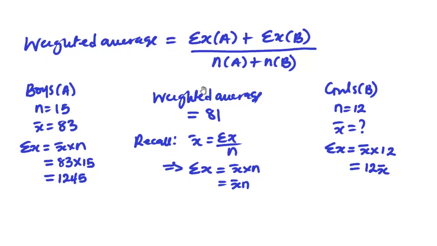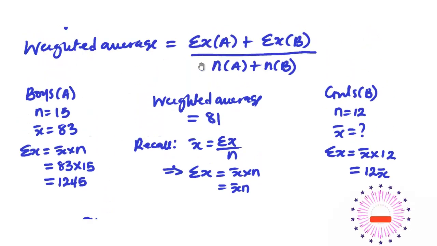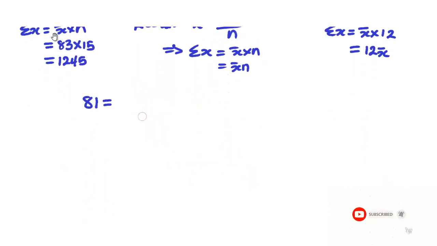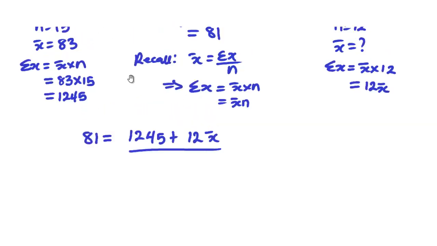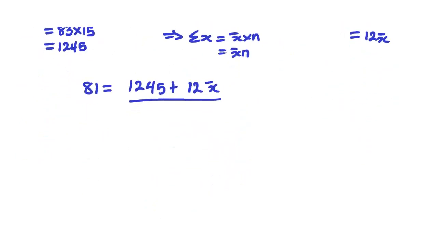So we can say that the weighted average, 81, is equal to the summation x for the boys, which is 1245, plus the summation x for the girls, 12 x bar, over the number of boys plus the number of girls, 15 plus 12.